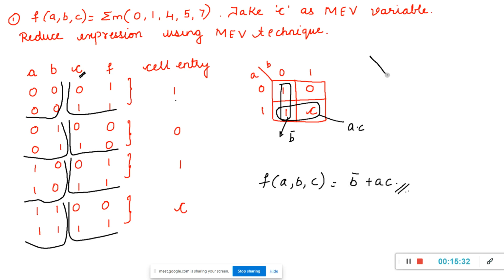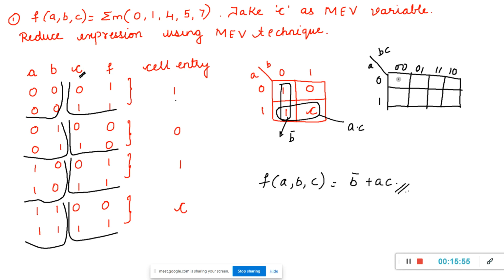For your verification, I will draw it again using 3 variable K-map and let me see whether I will get the same answer. This is A here, this is BC here, 0, 1, 0, 0, 0, 1, 1, 1 and 1, 0.